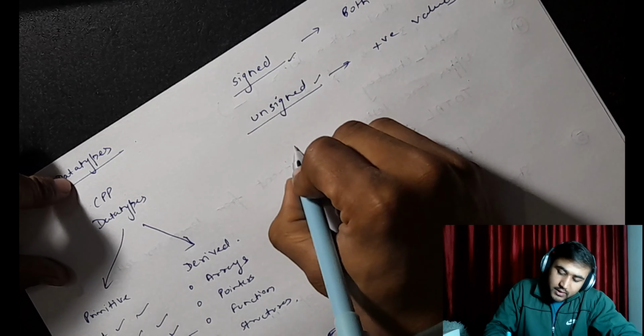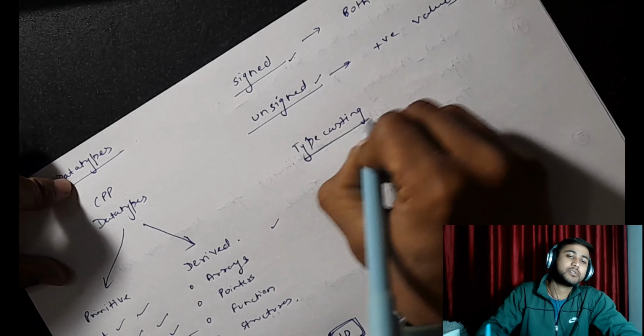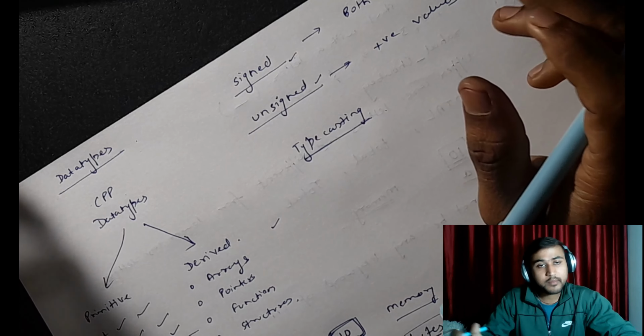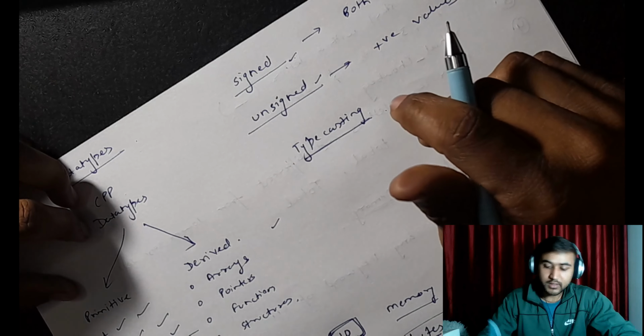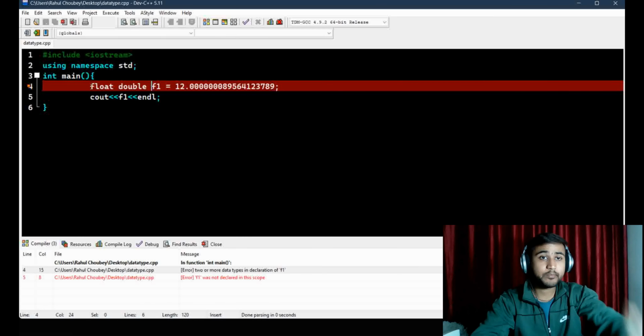Now let us move towards another concept, which is typecasting. What is typecasting? It is converting the data type of a variable. Now let us take one example in our IDE.